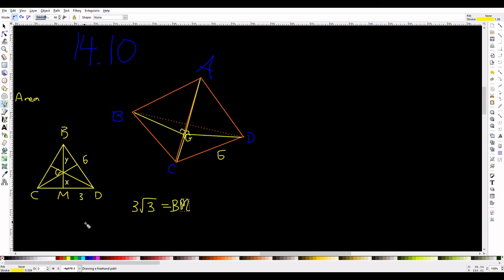But what is BG? How can we figure that out? Now this is pretty clever. It's something that goes way back about 150 pages. The centroid, that's point G, divides these lines from B to M into two parts, X and Y. What's the relationship between X and Y?